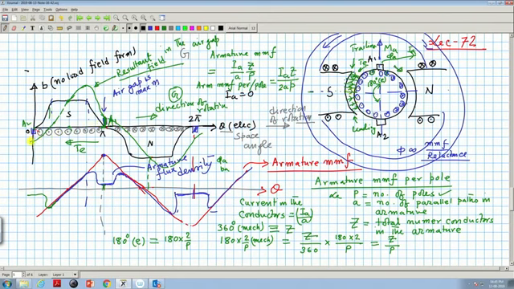It is also corroborated if you draw the actual resultant field distribution, with this green curve.